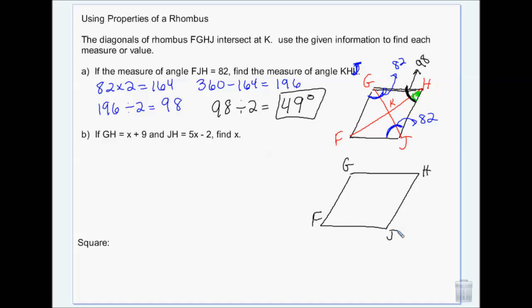Okay, if GH is x plus 9 and JH is 5x minus 2, I'm a rhombus, which means what about my sides? They're equal.